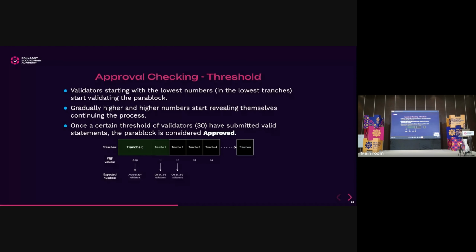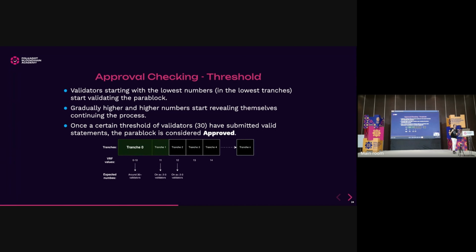And the protocol is parameterized in such a way that we only require around 30 approved statements, essentially 30 validators saying that this parachain block is correct. If we get to this point, the approval checking process is halting. Its job is done. All the other tranches are not proceeding with their checks. They will say, okay, we already had enough confirmations.